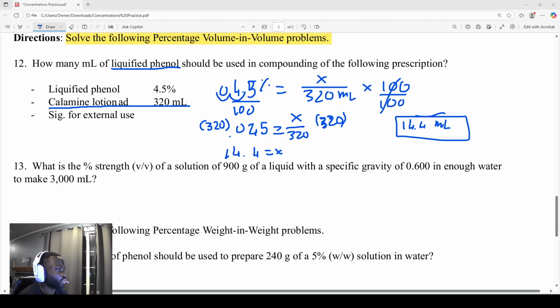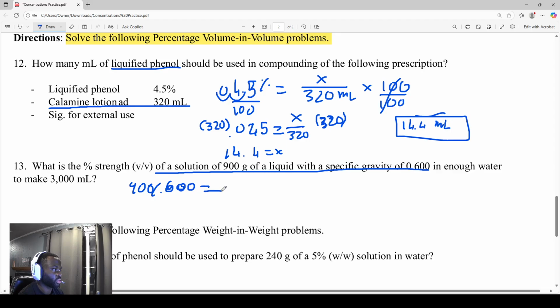So what that looks like is this. Right? So we're going to have 900 divided by 0.600, which is going to be 1,500 milliliters.